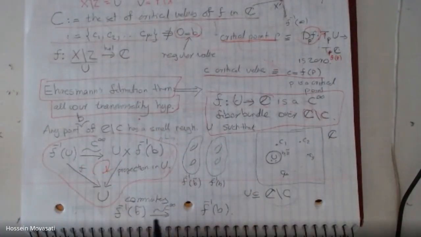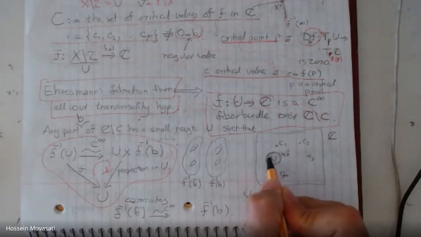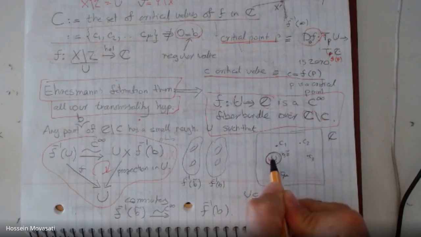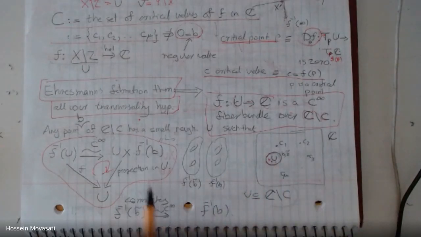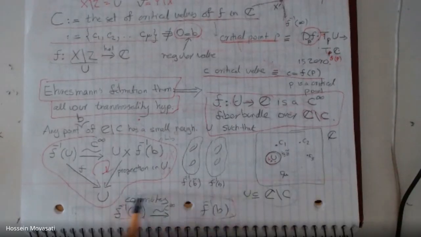In particular, for example, if we take another point, let's say b tilde here, so this is over U, this is b, this is U. If we take another point, this map will induce an isomorphism between f^{-1}(b tilde) and f^{-1}(b).